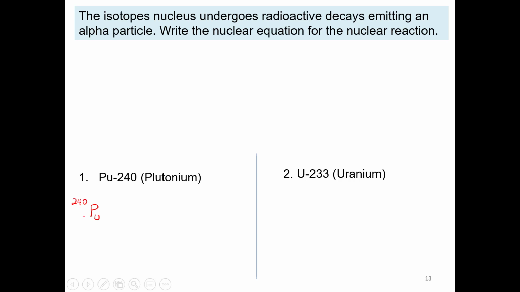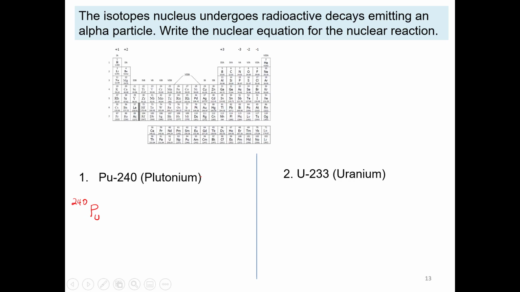To know the atomic number, or the number of protons, we will use the periodic table. In the periodic table, we can see the atomic number for plutonium is 94, so the number of protons is also 94. And now we want to know what is the product if this plutonium emits the alpha particle.